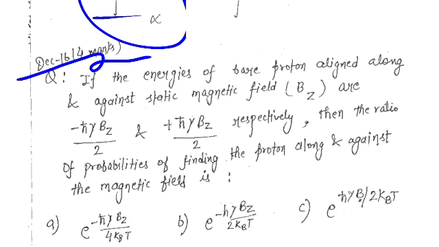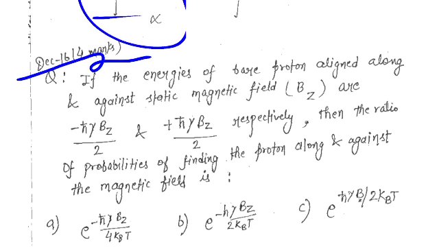Alright, so what the question is saying: the energies of bare protons aligned along and against a static magnetic field, the energies of the two states are given to us. For alpha, the negative energy will be of the lower state, that is alpha, because it is actually the stabilization energy, and the higher energy is of the beta state.